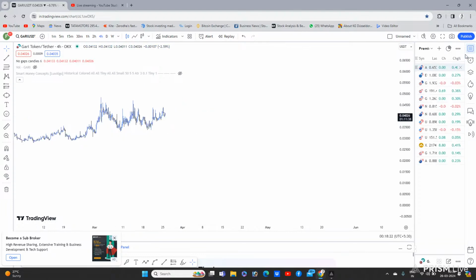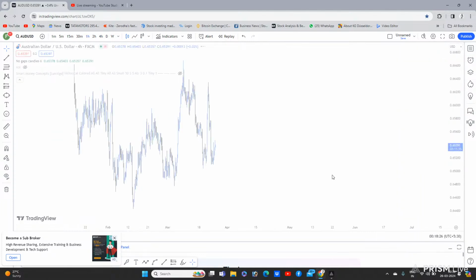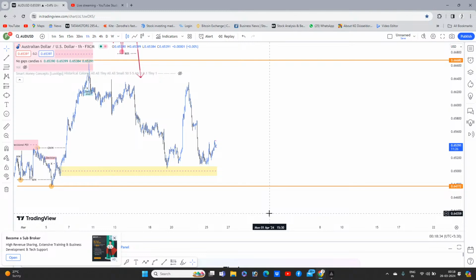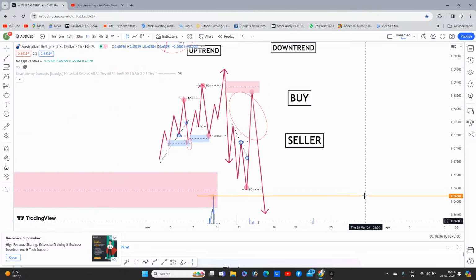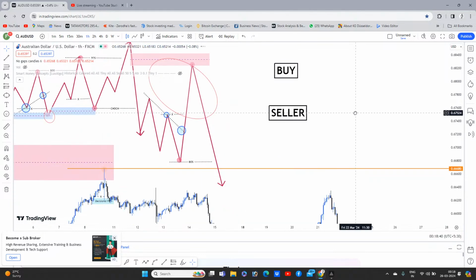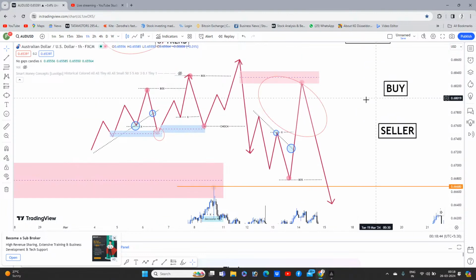For now, let me tell you about what I am teaching. What the market needs is a buyer and a seller, right? After inducing, the market runs in the direction it wants to run. And this is how we plot structure in smart money concept.